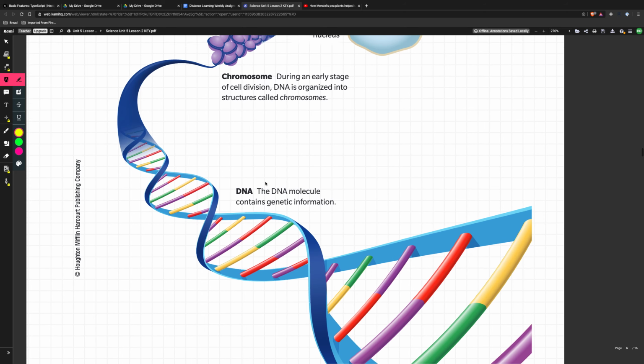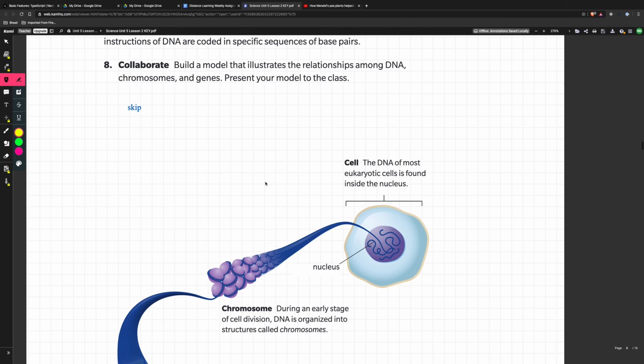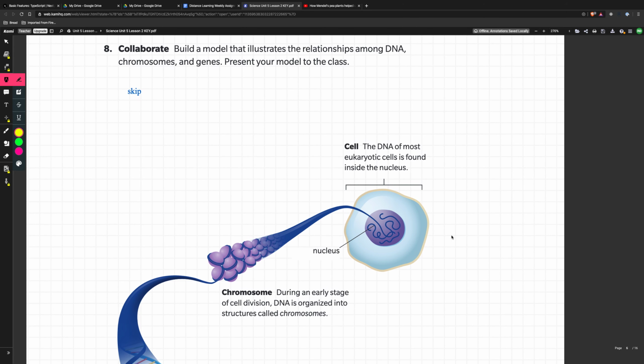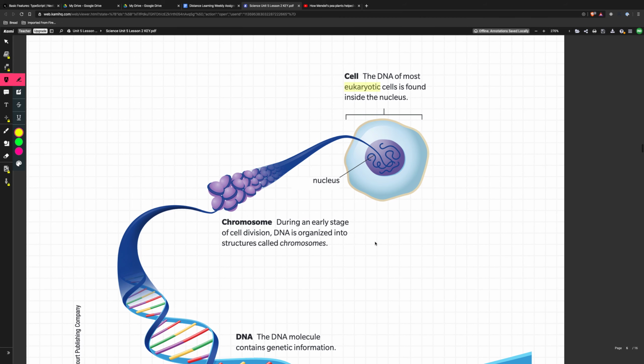So right here is a little diagram, and first of all we have cells, right? We learned about cells earlier, and one of the things in cells is the nucleus, and inside the nucleus is where our DNA is found. Remember there are eukaryotic cells and other kinds of cells, and a lot of times in those the DNA is just floating around. It's not in the nucleus, but it is in ours.